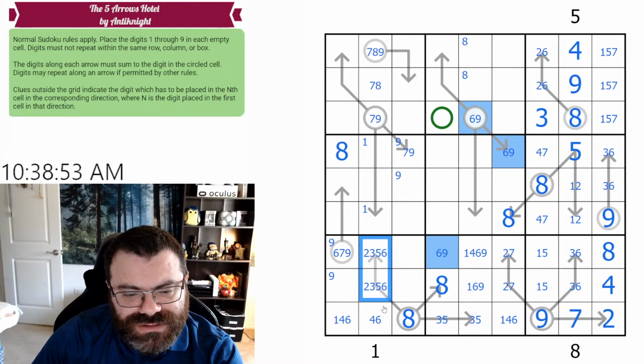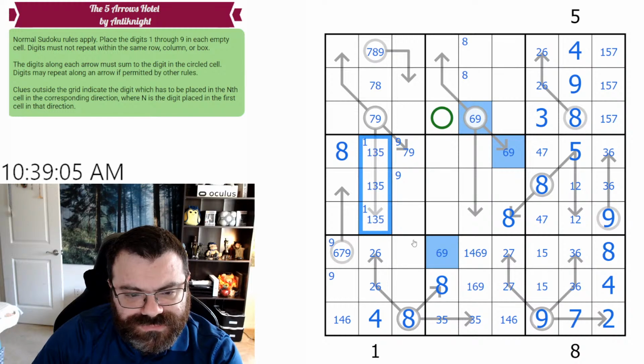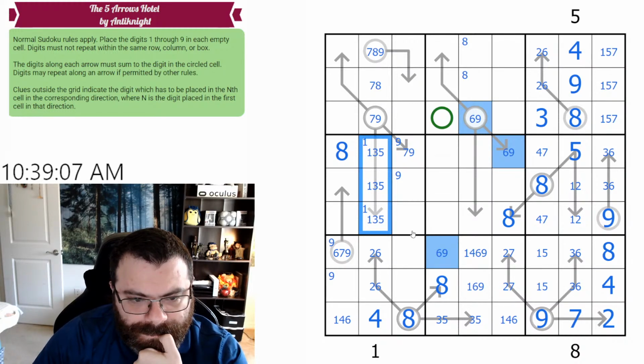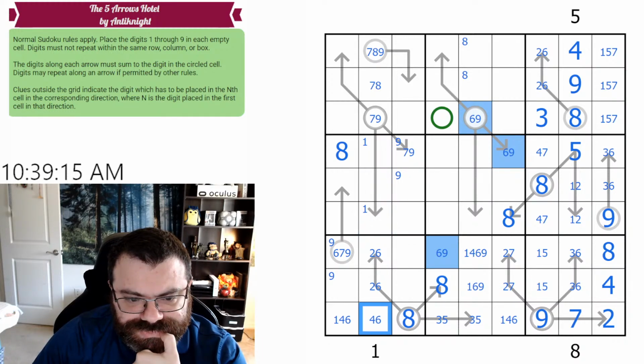Wouldn't it be 1, 3, 5? So 2, 6. Sorry. 2, 6 with a 4 and a 1, 3, 5. I think it works.